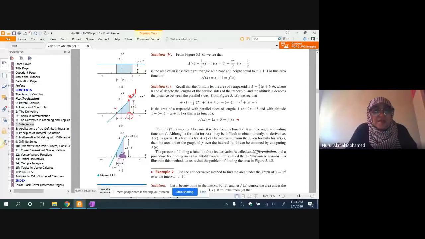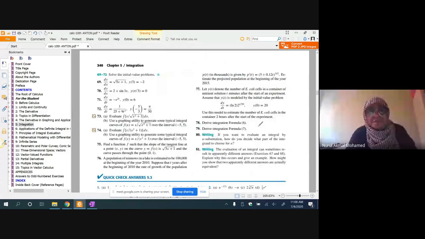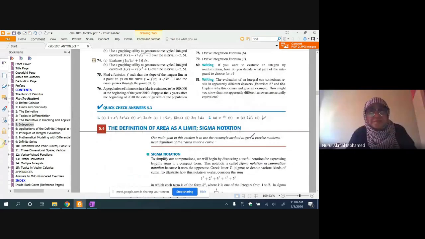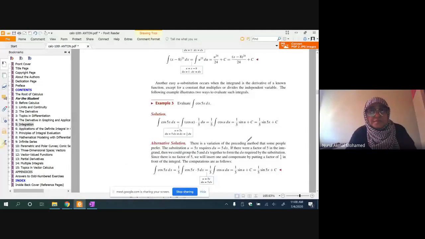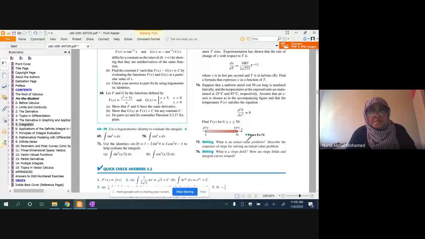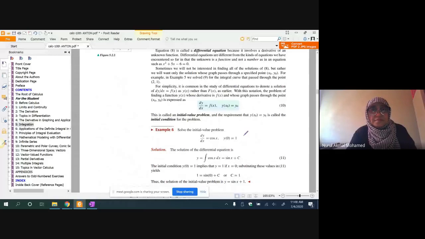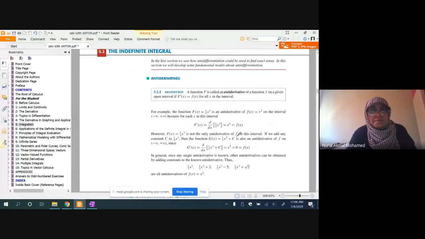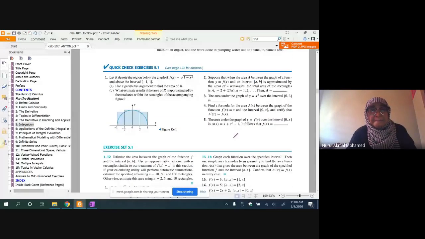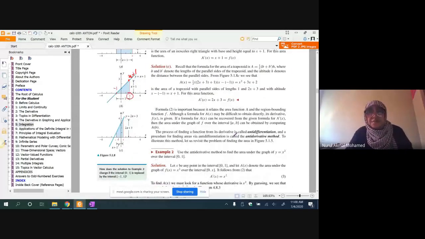So the area will be defined by the formula of the trapezium.